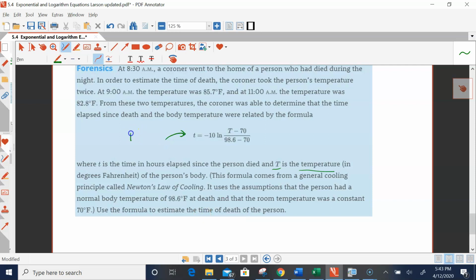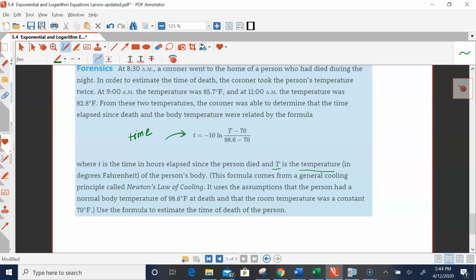Little t is time, and it represents the time that has elapsed since death. So read it again. It's asking us to estimate the time of death for this person based on the information that we've been given.